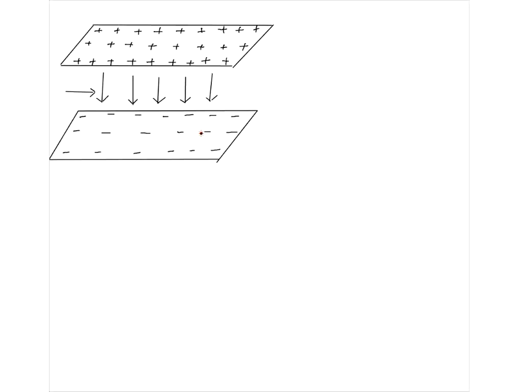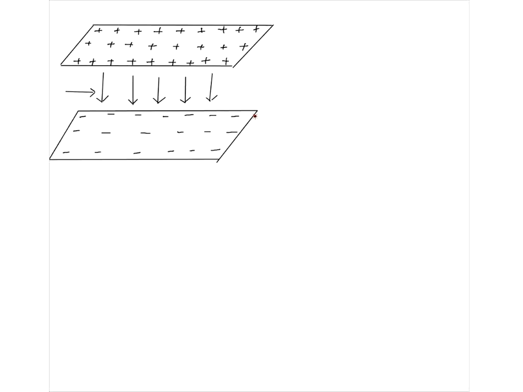Or we can design this in such a way that it just misses, maybe just misses. But this will be a parabolic path. As long as it is in the region of constant electric field, the path will be parabolic.